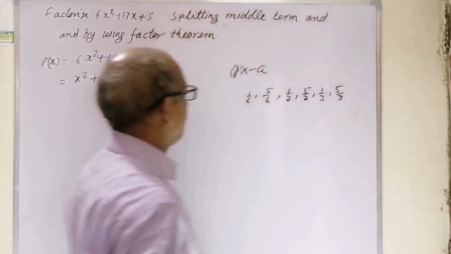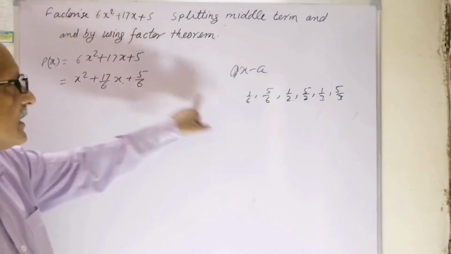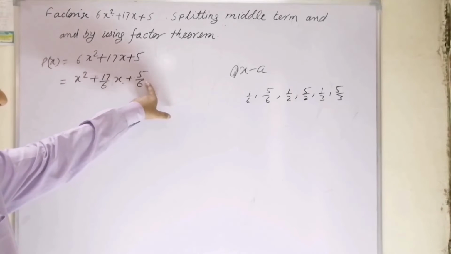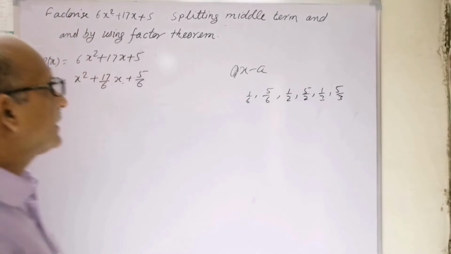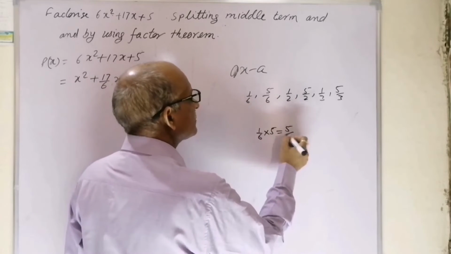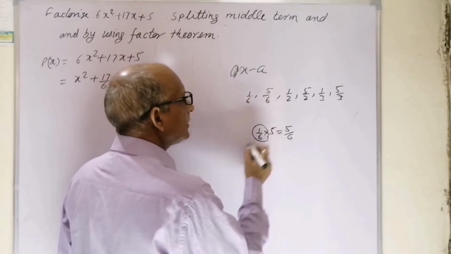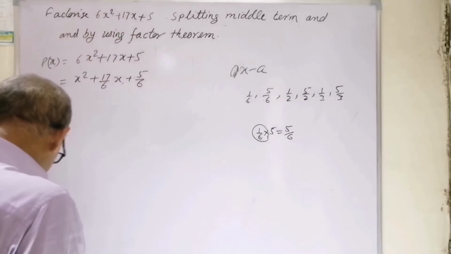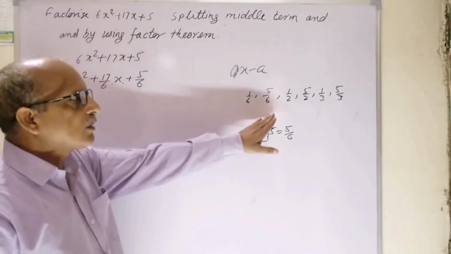All these are factors of it. 1 upon 6 can be a factor of it, 5 upon 6 can also be a factor of it. How is it so? We can write 1 upon 6 into 5, that is 5 upon 6. It means 1 by 6 is also a factor. In the same way we can check for all these.